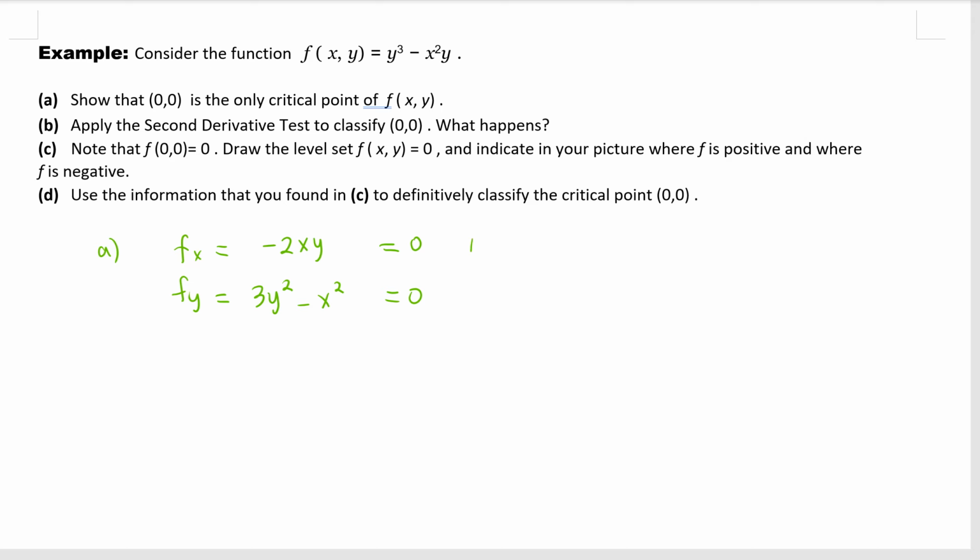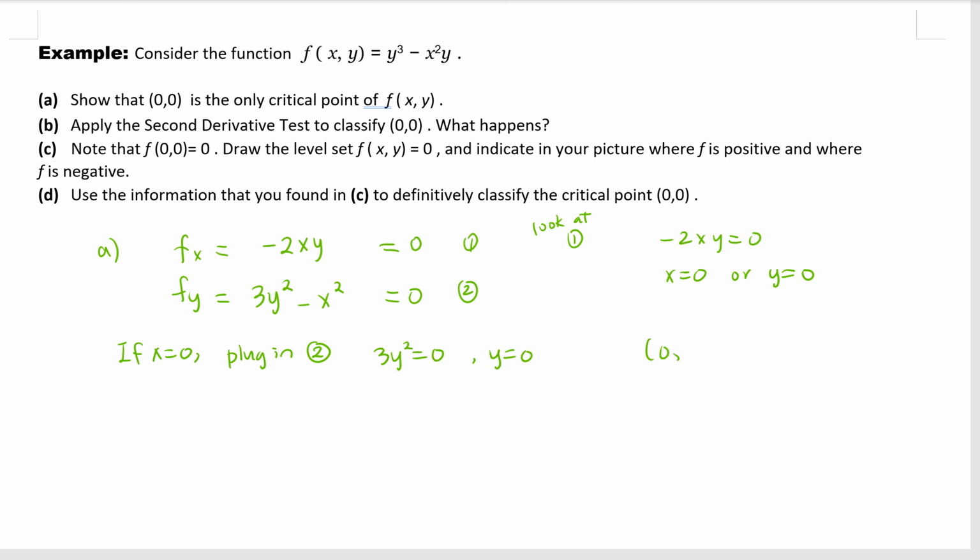Now, let's look at the first equation. It looks easier, right? Minus 2xy is 0, so x is 0 or y is 0. So we have two cases. If x is 0, plug into the second equation, we get 3y squared is 0, so y is 0.